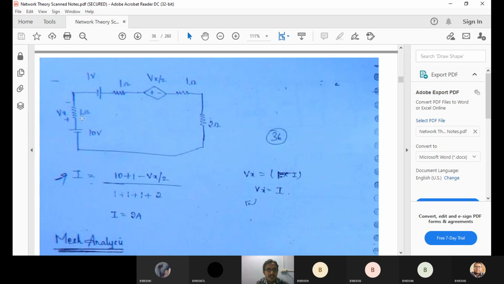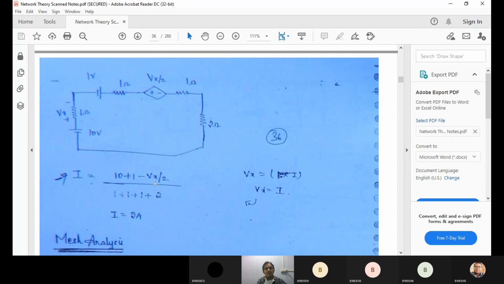You can mention I into R, with R as 1 ohm. So 10 plus 1 minus I by 2. I is equal to V by R. The V is 10 plus 1 minus Vx by 2, and your R is nothing but 1 plus 1 plus 1 plus 2. So you can solve this equation simply.